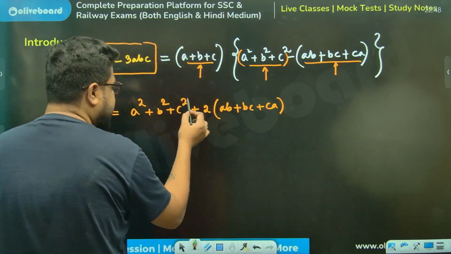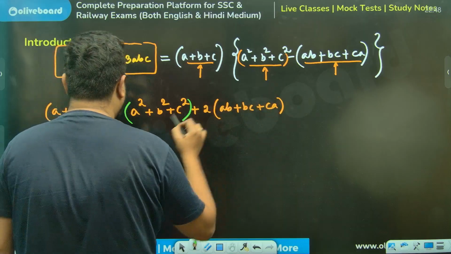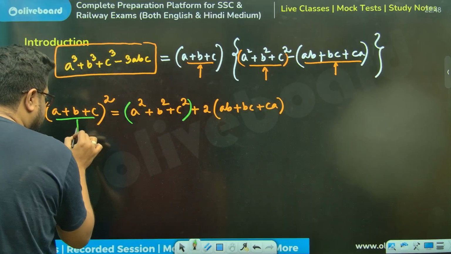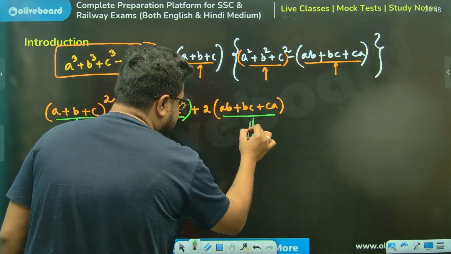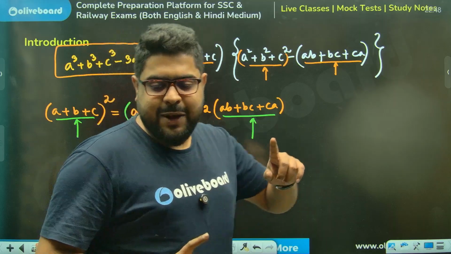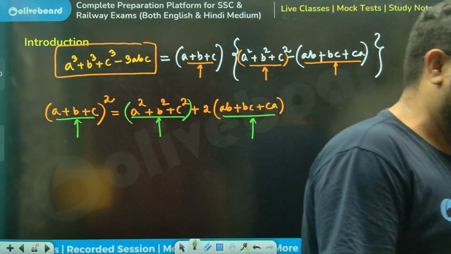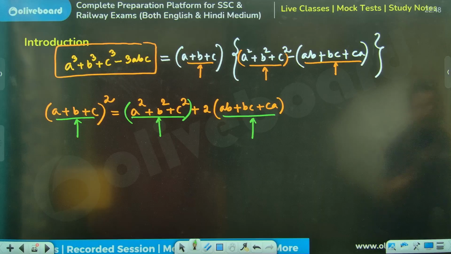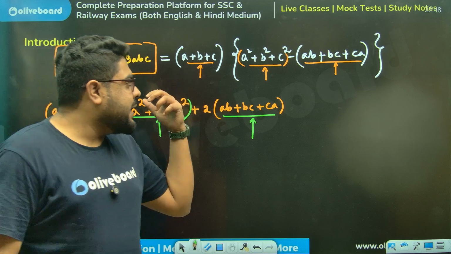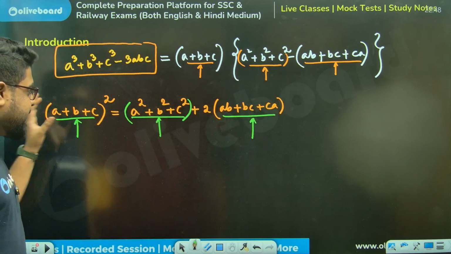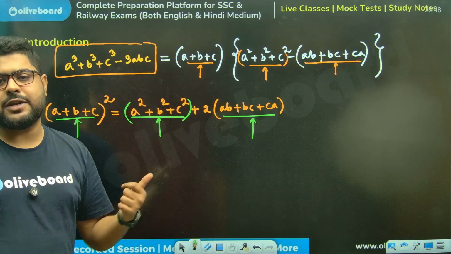Can you see one thing? This particular formula also has the same components. This particular formula gives you a relation between the same three components. a plus b plus c is 1, a square plus b square plus c square is 1, and ab plus bc plus ca is 1. Can you guys see this? They are giving you a particular relation between the same components.